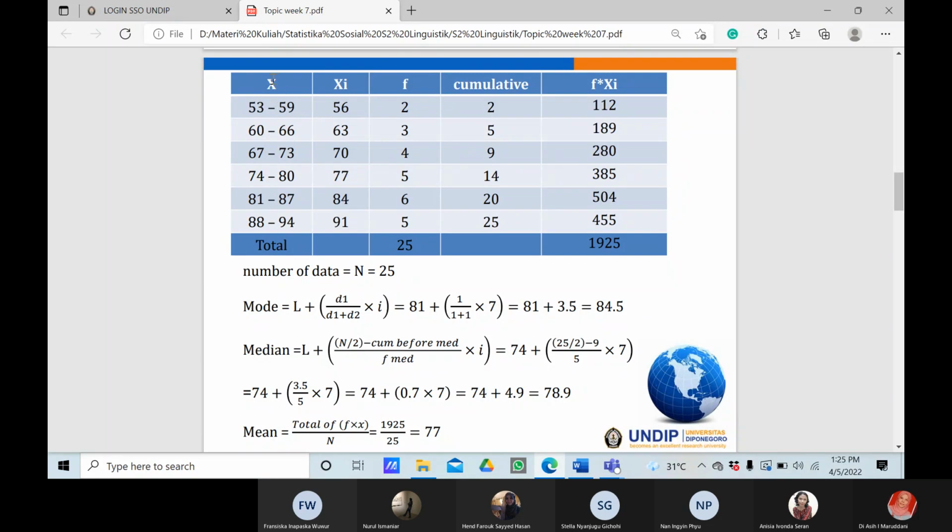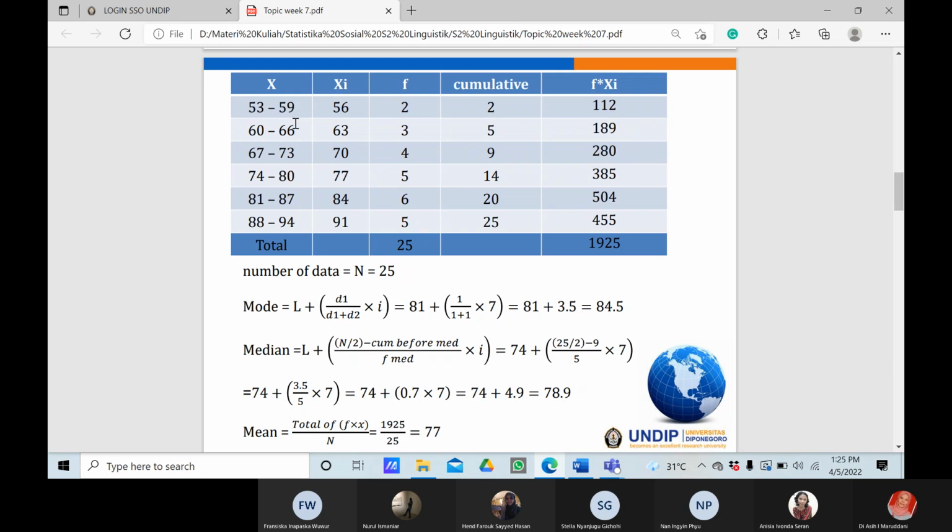Yeah, the score for the first row is the interval data from 53 to 59. The second row is from 60 to 65, 66, and so on.